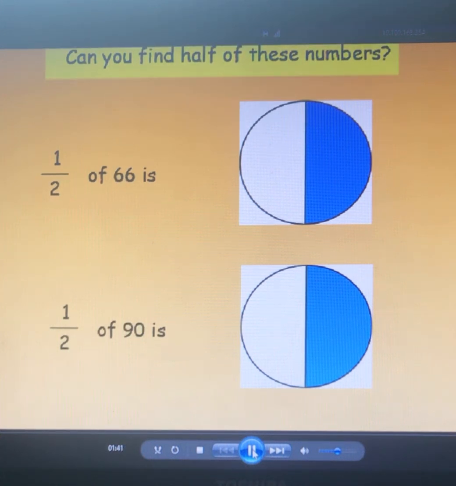Okay, let's have a go at a couple more. So, half of 66. What would I write on both sides to make one whole? If 66 is my overall number, if I had the whole number, but we're splitting that number in half. What would I put on each side, Y3?